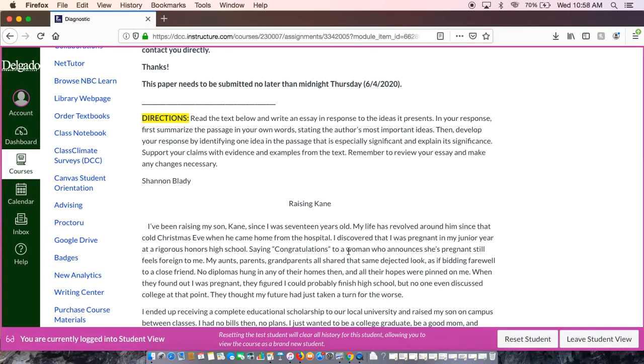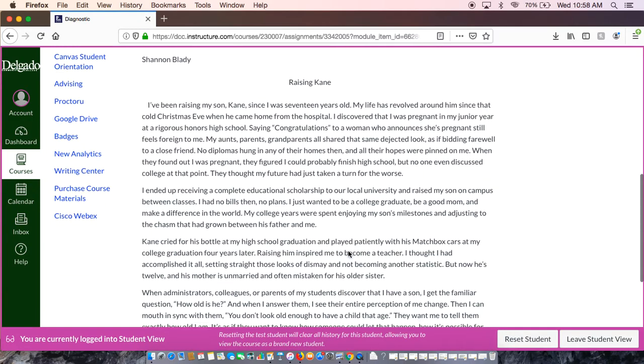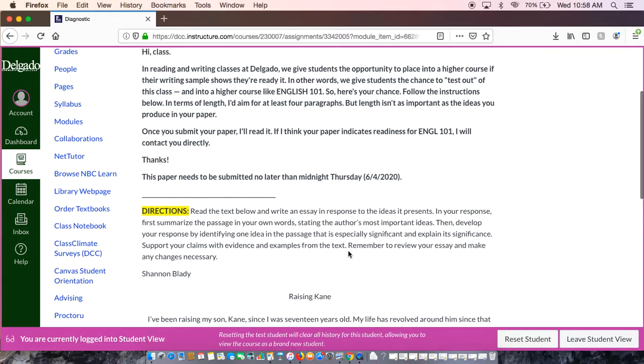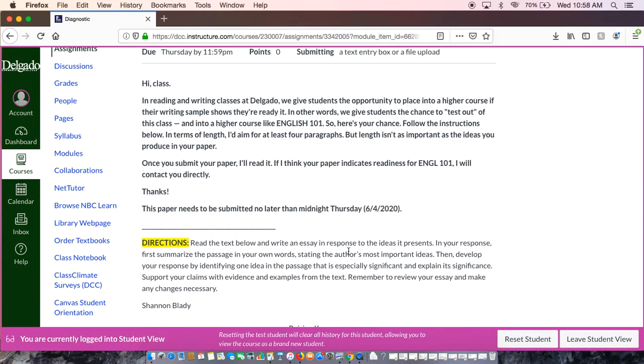They're correct, but they just don't flow. And so maybe you make those kind of changes. Then you submit your paper. Make sure you're saving along the way. This needs to be done again no later than Thursday.